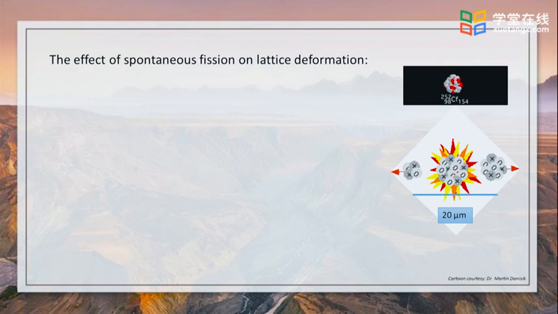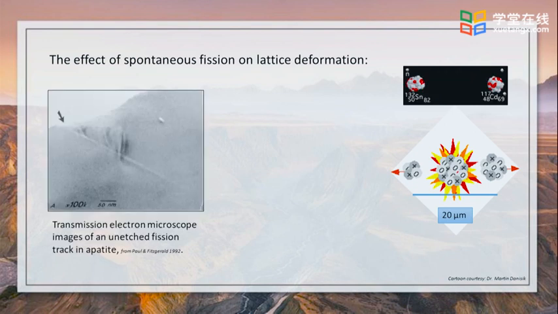High-resolution TEM images of nuclear tracks show that the core of a fission track is approximately 10 nanometers in diameter and consists of a region of amorphous material that has transitioned from a normal undamaged crystal lattice. The amorphous material is essentially glass that is much more chemically reactive than the surrounding undamaged lattice.